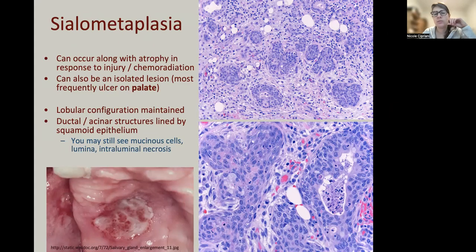So more of sialometaplasia in the context of sialadenitis and atrophy. So sialometaplasia is when the acini and ducts of the salivary units transform to a squamous appearing epithelium. And it can look so atypical that it can be confused for squamous cell carcinoma, essentially. Gotcha. Got it. Thank you. No problem.